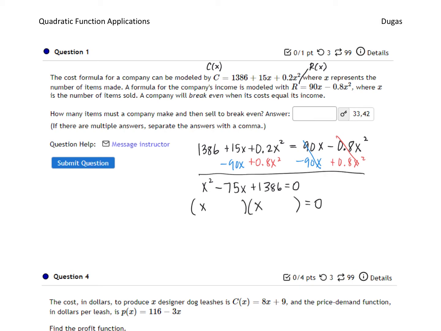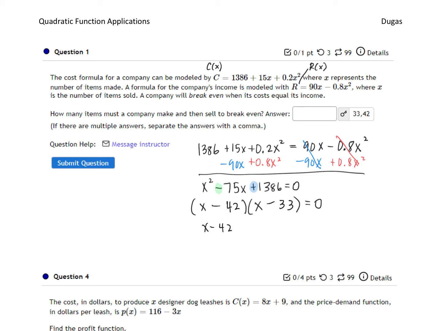X squared is x and x. This last sign, remember, is a plus, so that says we're going to have the same sign. And because this one is a minus, both signs are going to be negative, so minus, minus. And then 42 times 33 is equal to 1386. And if you add those 2 numbers together, you'll get the negative 75. So those are the factors.